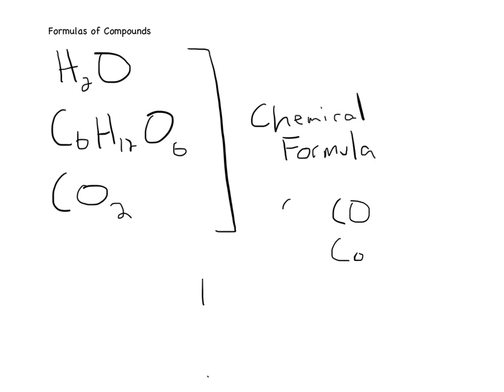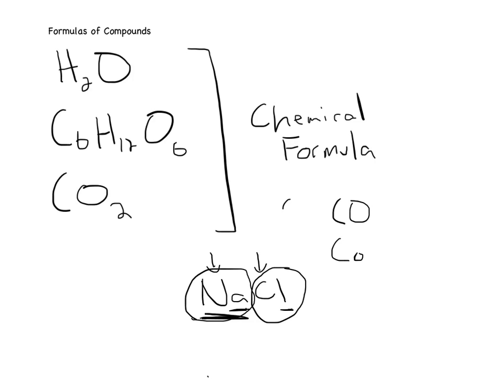So for example, if you look at NaCl, we see one capital letter there and one capital letter there. The l is not capitalized and neither is the a. So NaCl has two different elements. It has Na and it has Cl.